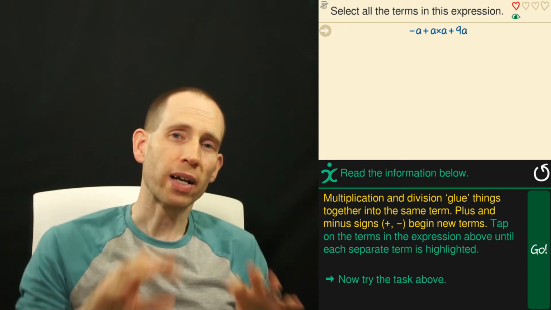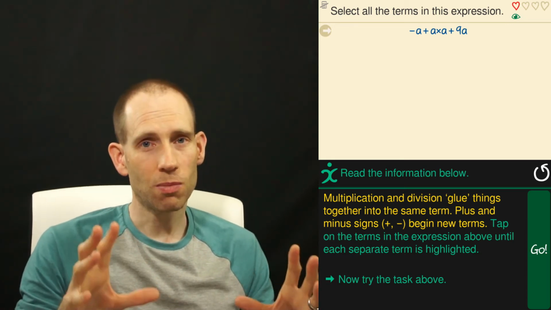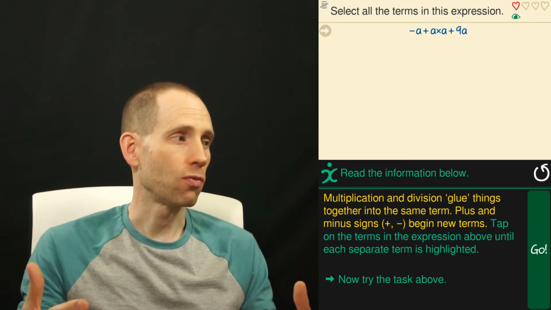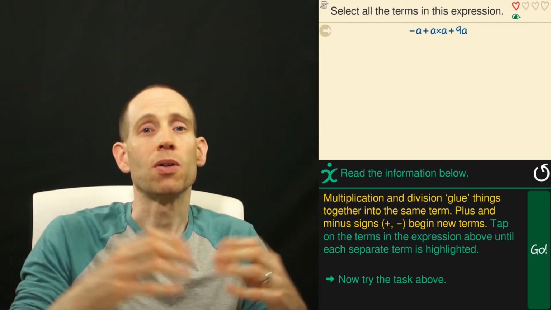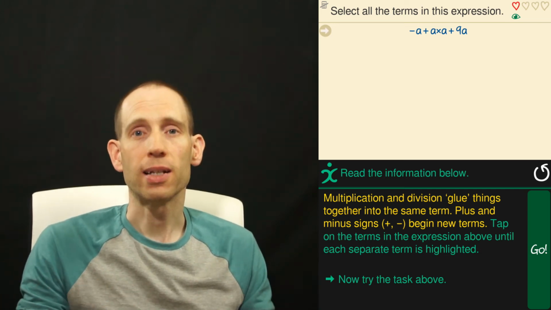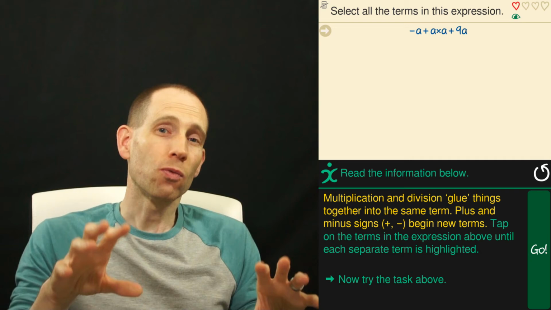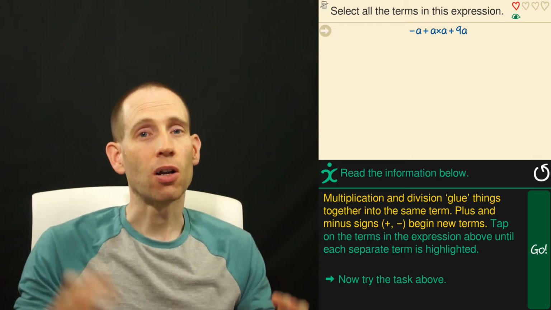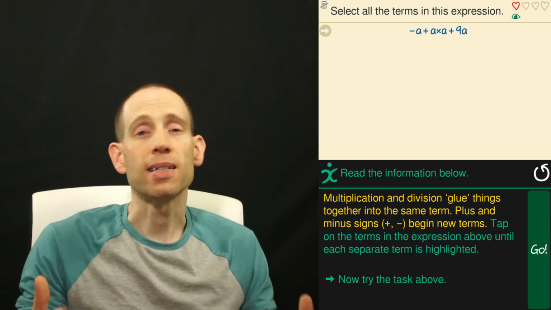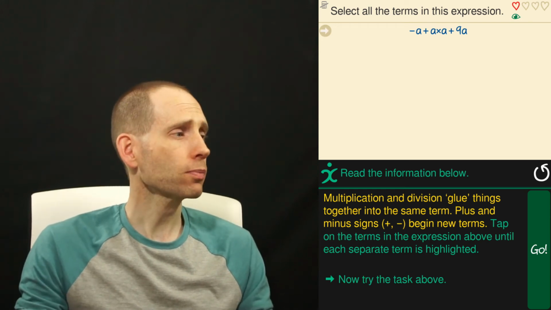And so being able to recognize where the separate terms are within an algebraic expression makes it much easier to read and much easier to do most of the algebraic skills that are covered in Algebra Tutor, things that you're likely to meet. If we don't really understand where the separate terms are, a lot of those skills become a lot more difficult and it can be much easier to make mistakes.